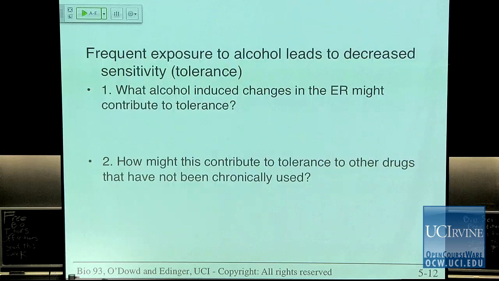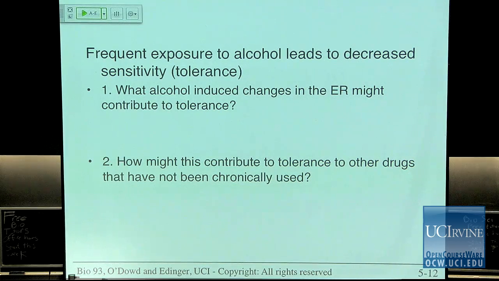Okay, so frequent exposure to alcohol leads to decreased sensitivity to this substance, to alcohol. And this can be termed tolerance. So what alcohol-induced changes in the ER might contribute to tolerance?